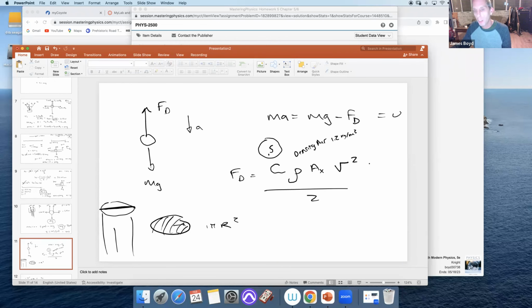So at terminal speed, mg equals F_D. And that means that m is equal to C rho A_x v squared over 2g. If I use a half, this is 1/2, and I might have that wrong, divided by 2, times 1.2 times pi.